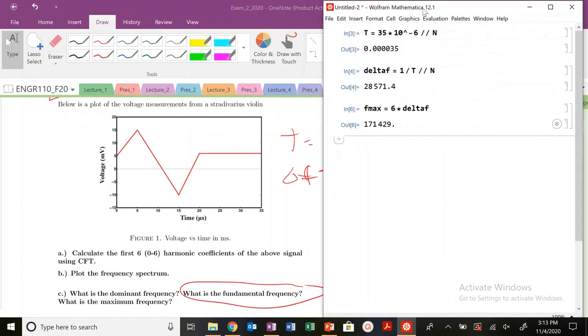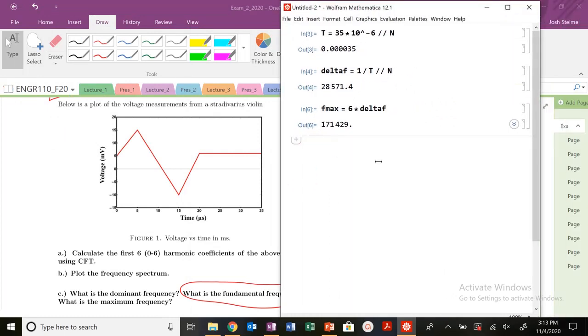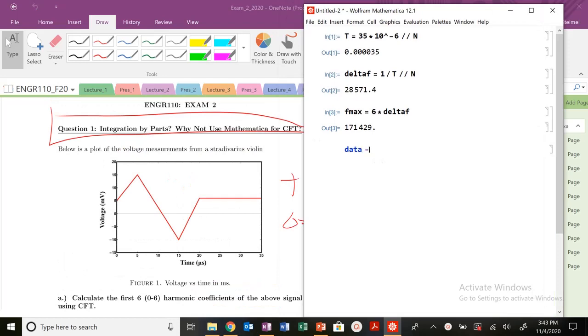So what I'm going to do here is look at the points that I'm being given. At a time of 0 seconds, I have a value of 5. At a time of 5 times 10 to the minus 6, I have a value of 15. At a time value of 15 times 10 to the minus 6, I have a value of minus 10.